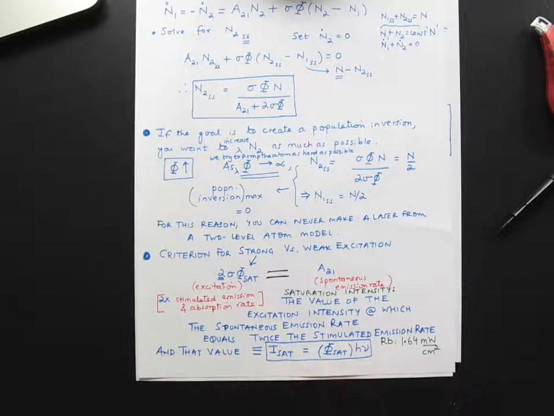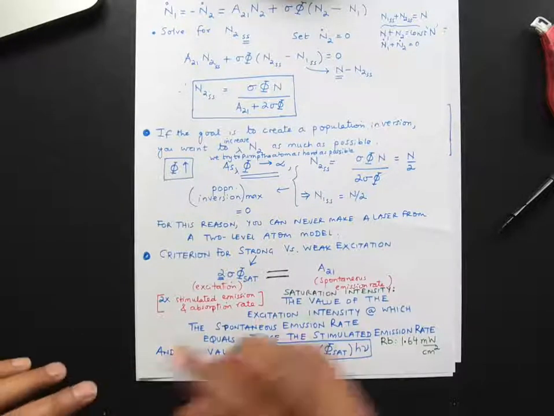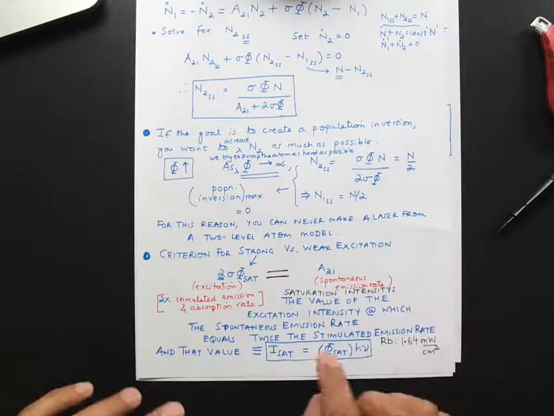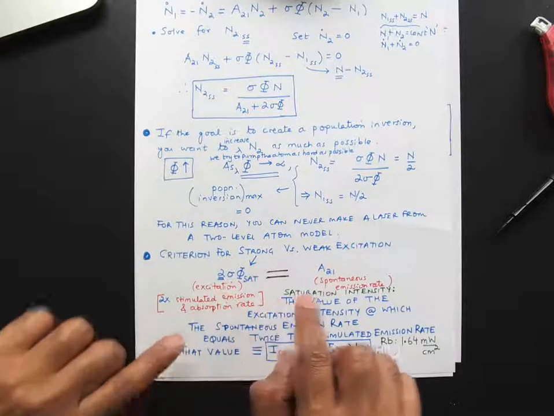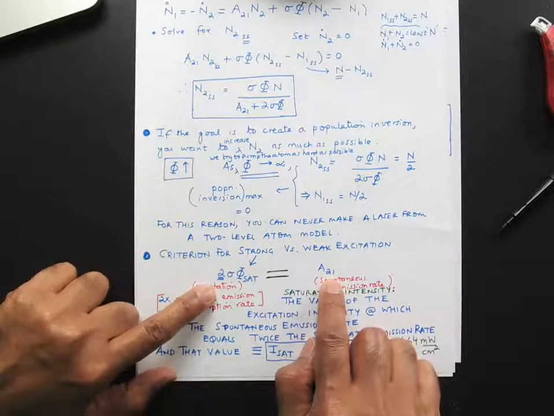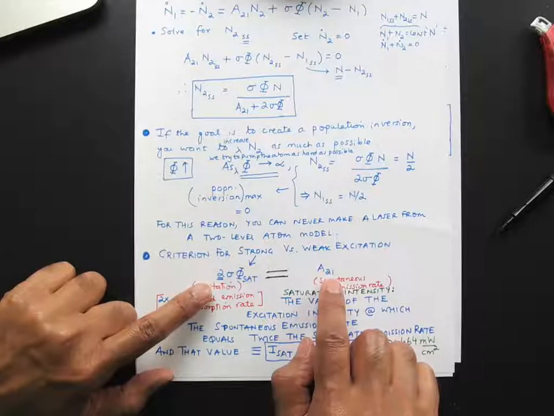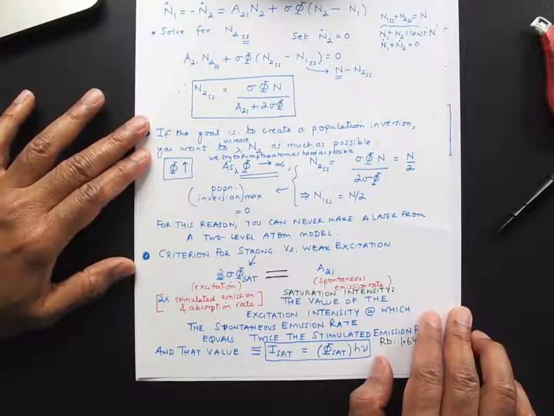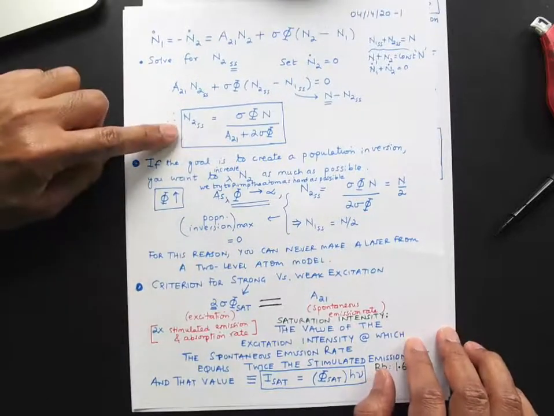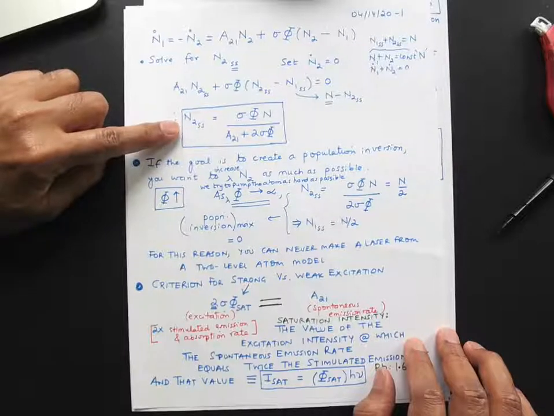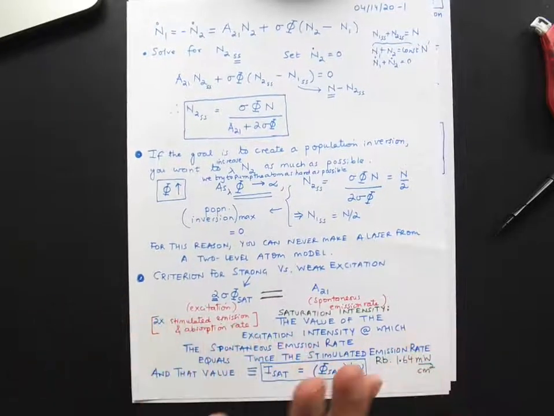Roughly speaking, it is the intensity at which, the precise meaning of why it's called saturation intensity is given by this equation. At that value, what happens to the steady state? First of all, it's called the saturation intensity.